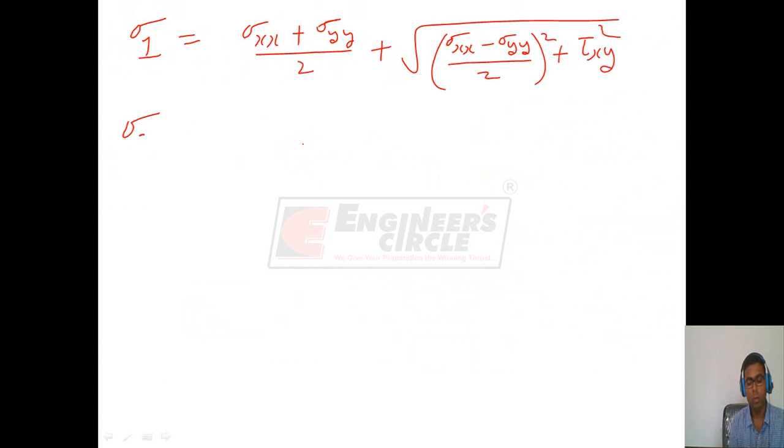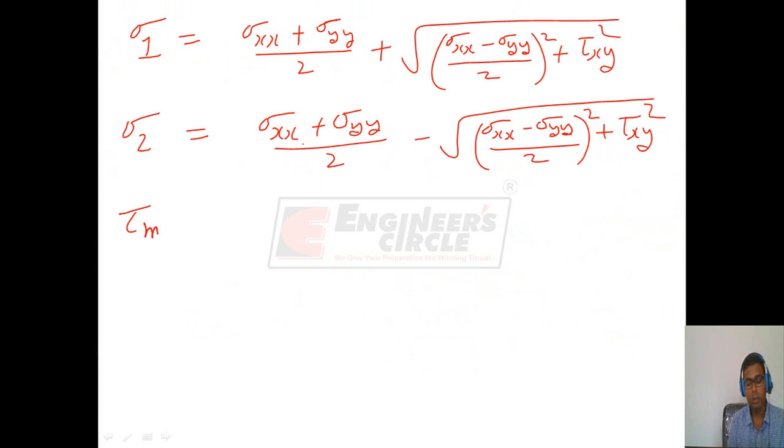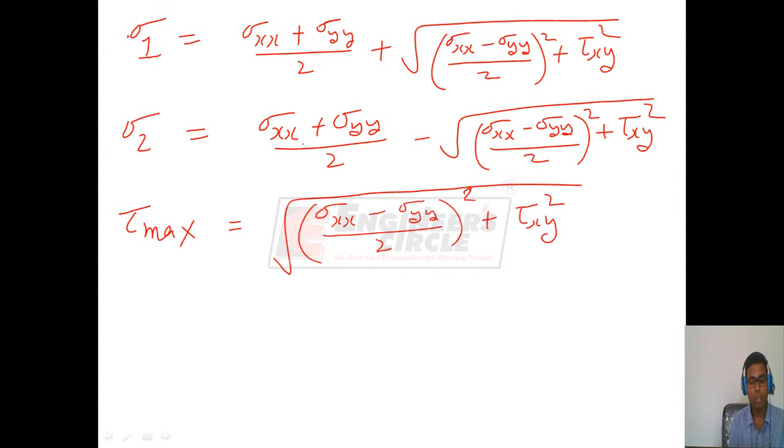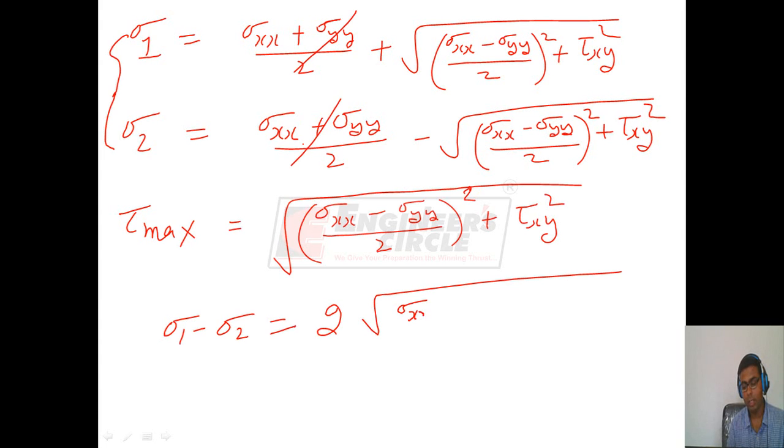Now we have found that sigma 1 was given by sigma xx plus sigma yy by 2 plus the square root term, and sigma 2, that is principal stress 2, was given by sigma xx plus sigma yy by 2 minus the square root term, and tau max equal to the square root term. Now if we subtract sigma 2 from sigma 1, we get sigma 1 minus sigma 2 equal to, these two terms will cancel out and we will get 2 times the square root of sigma xx minus sigma yy by 2 whole square plus tau xy square.